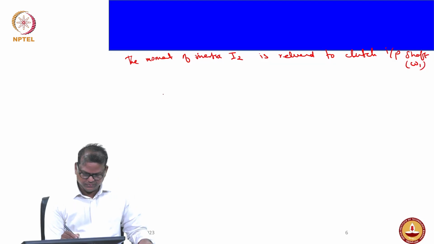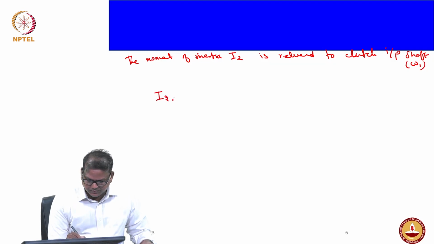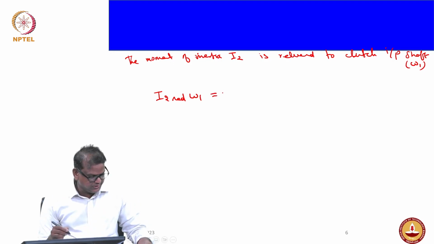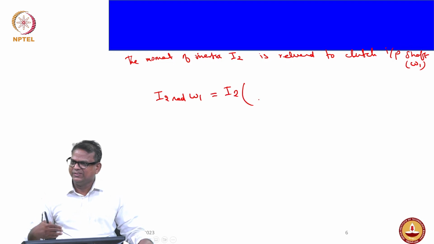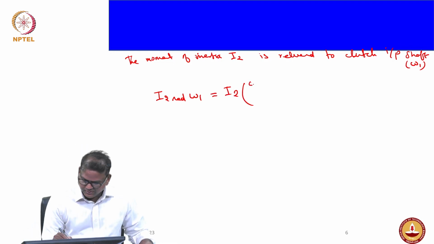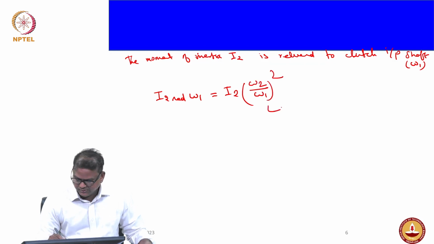So if I want to find out I2 reduced with the initial speed of the clutch, it should be proportional to the velocity, in fact the square of the velocity, the speed ratio squared.